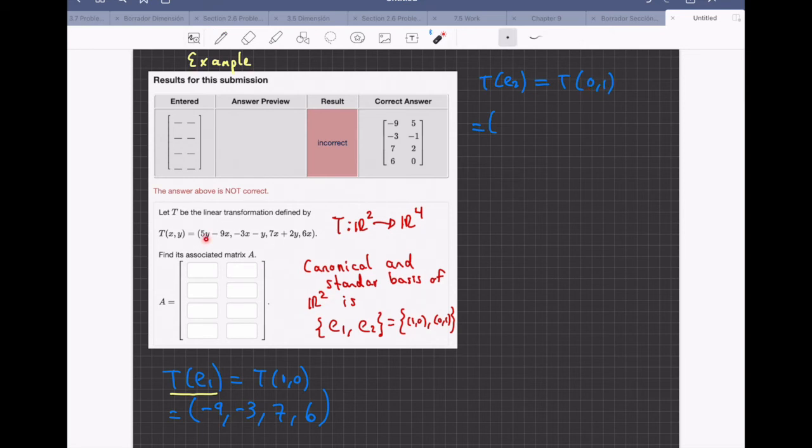So 5 times 1 is 5 minus 0, 5, comma, negative 3 times 0, negative 1, comma, 7 times 0, 0 plus 2y, 2, comma, 6 times 0, 0. So we have 5, negative 1, 2, and 0.